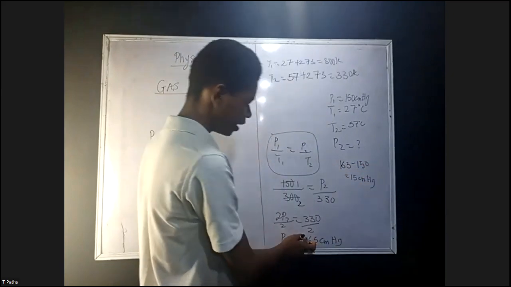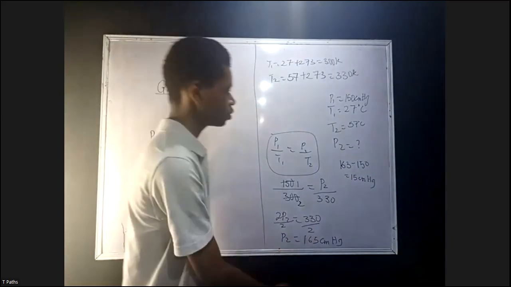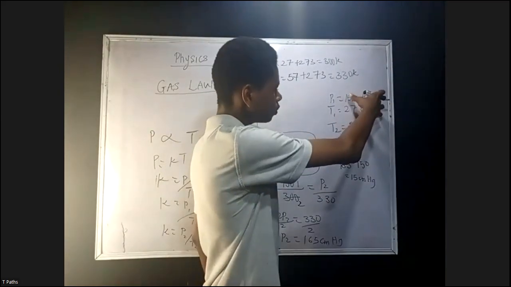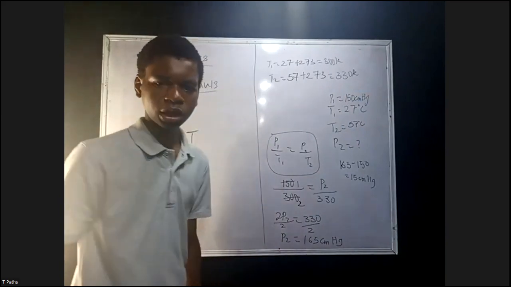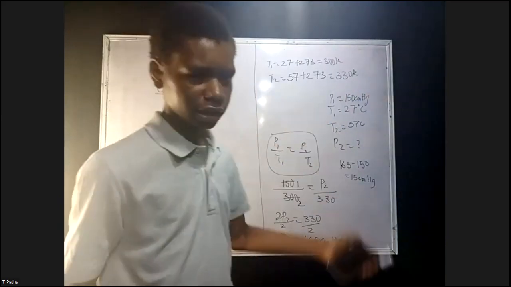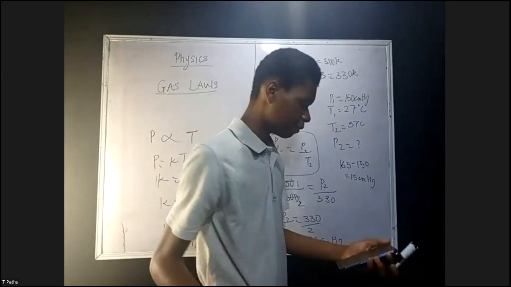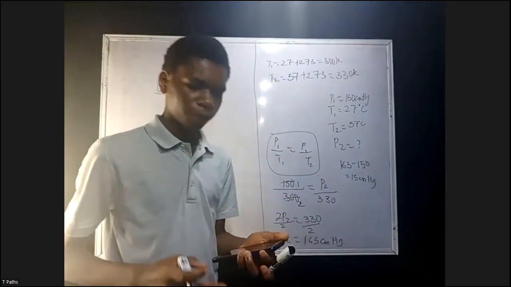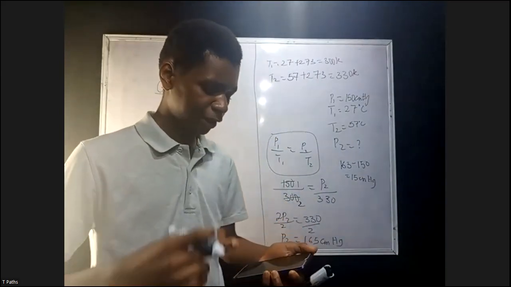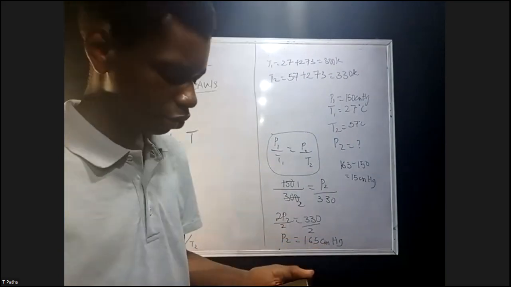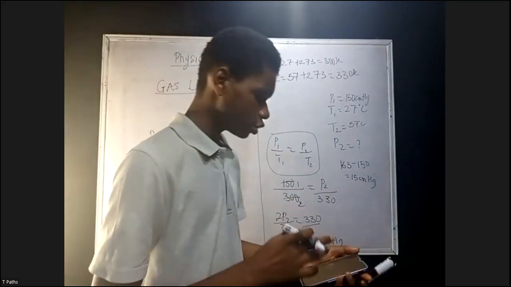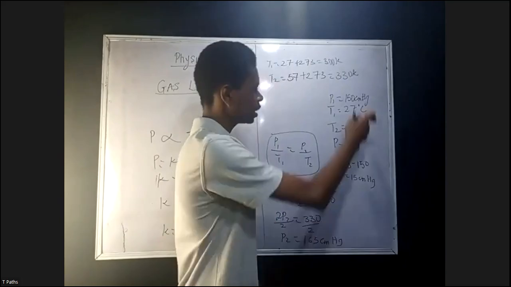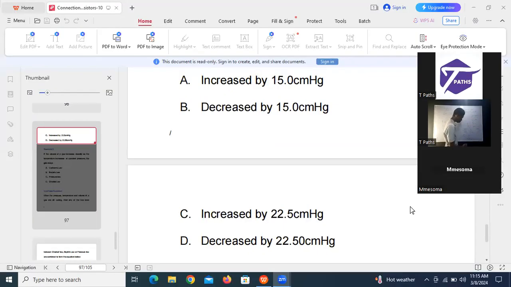That's 165, the pressure of the tire in the afternoon, minus 150 centimeter of mercury, the pressure of the tire in the morning, gave me 15 centimeter of mercury. So the tire pressure in the afternoon has increased by 15.0 centimeter mercury, which is option A. All right, so option A is my answer because it increased from 150 centimeter mercury to 165 centimeter mercury.